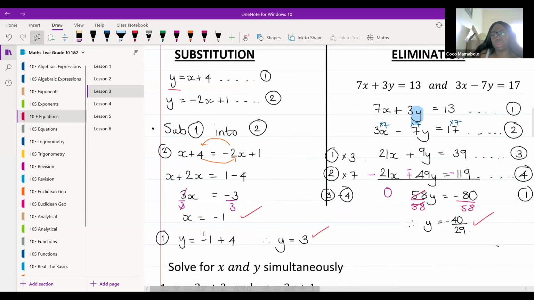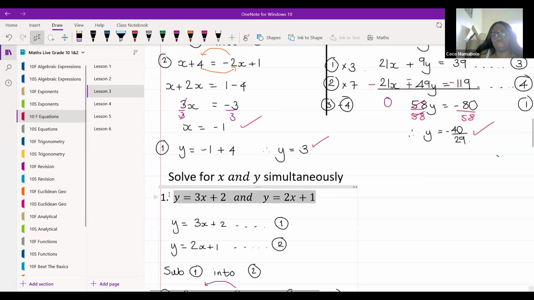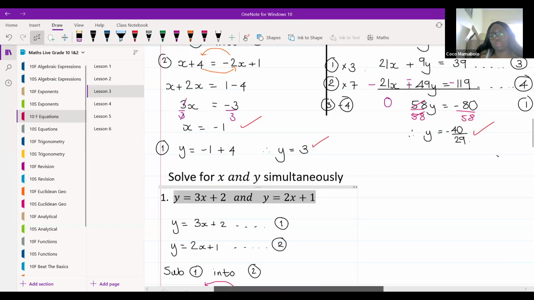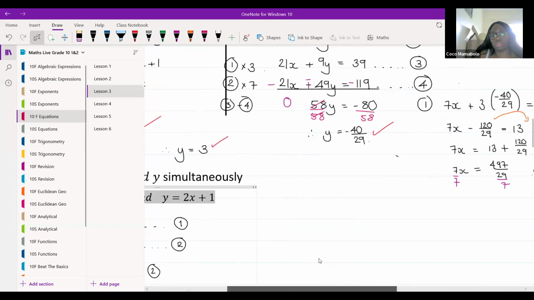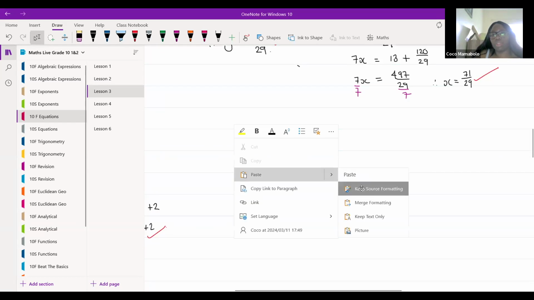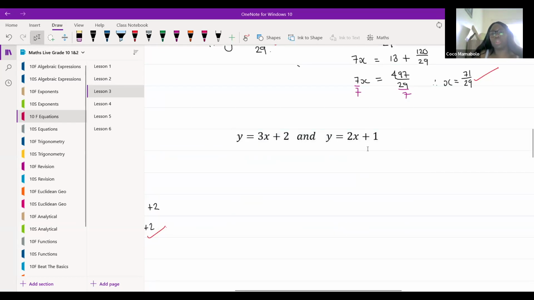Okay, so here's what we're going to do. We're going to take this one that we've had over here, and we're going to use this one to do elimination. This one is going to go a little bit easier. Now if we do both of these over here, we can start by numbering them. So y is equal to 3x plus 2, and that's equation 1.